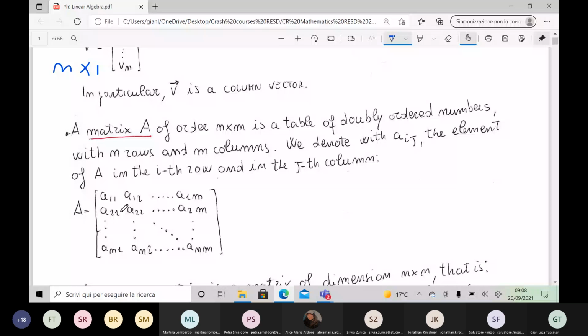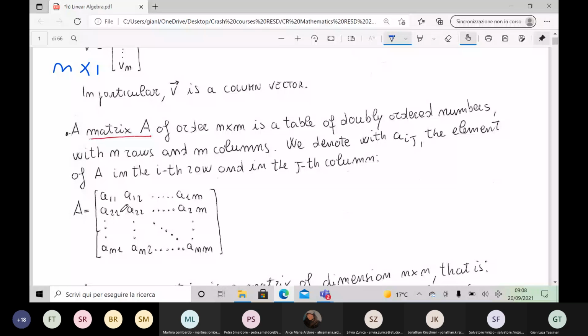So this matrix has dimension, you can write it below the matrix, n times m, which means n rows and m columns. So a column vector, like the one we described before, is a special case of a matrix.